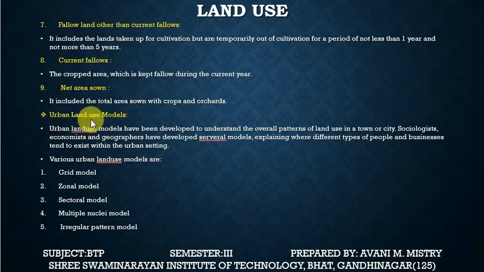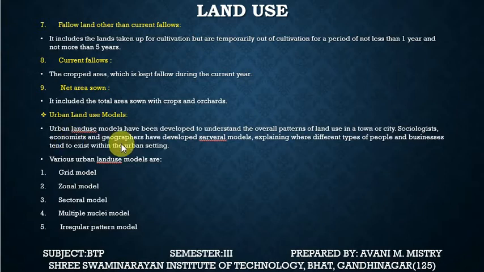And next one is urban land use models. Urban land use models have been developed to understand the overall pattern of the land use in a town or a city.